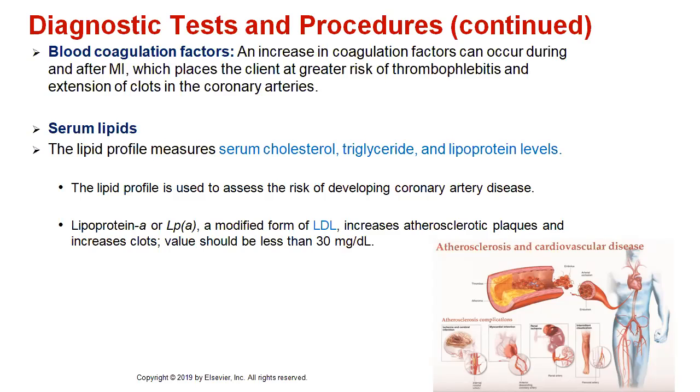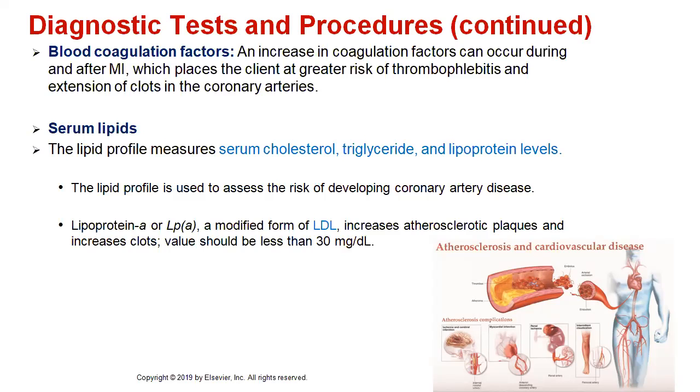In case of MI, the cardiac enzymes are elevated, and also EKG changes, electrocardiogram, like ST segment depression or elevation, T wave inversion or abnormal Q wave. I will show you in our EKG section.